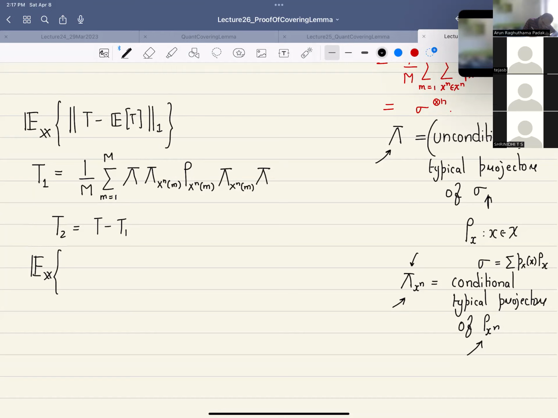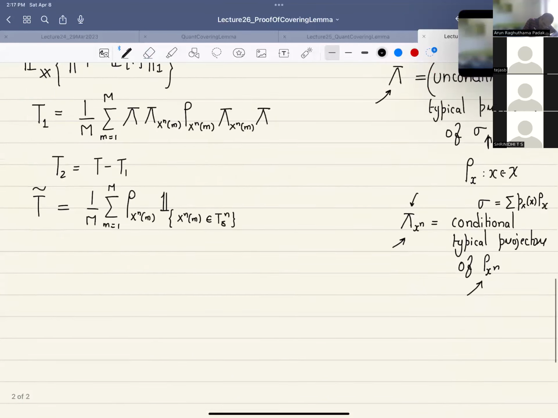Well, I'll tell you what all you need to do. You can first do a T1 tilde. Maybe let's see, I might be bad at this notation. I'm going to say 1 by M, sum over m equal to 1 through capital M. I can define T tilde to be this: rho x_n(m) times the indicator function that x_n(m) belongs to T delta n.